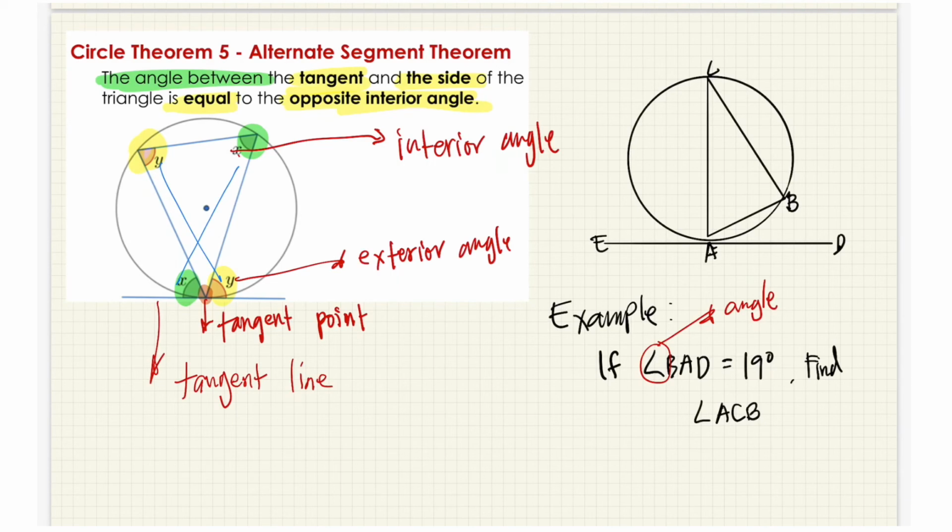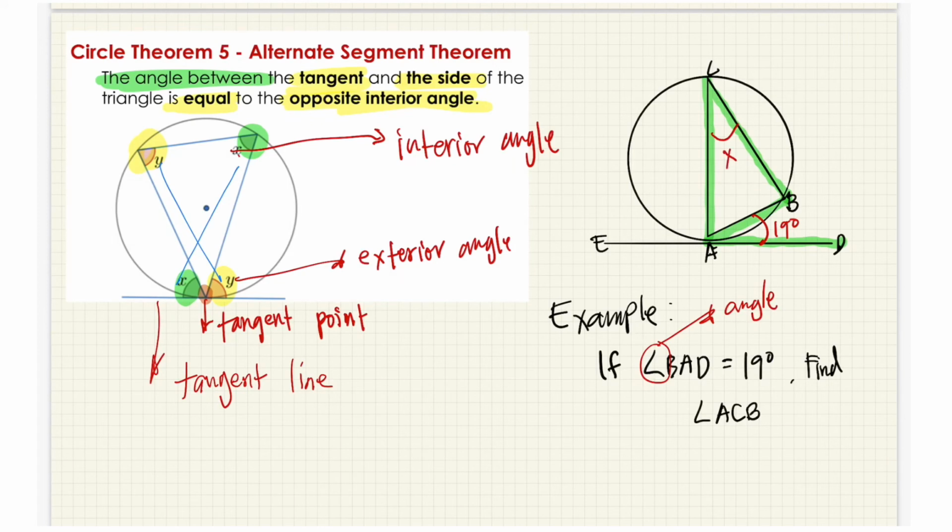BAD, this one here, is equal to 19 degrees. You have to find ACB. So therefore you're going to look for the angle here. Correct?